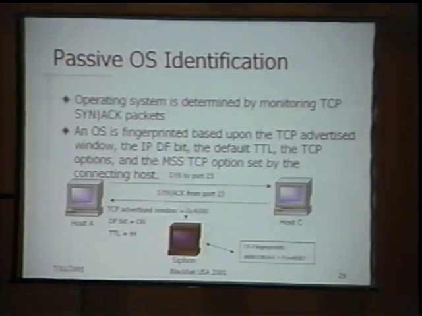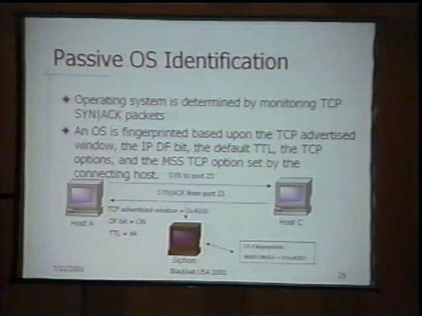And right here we have a diagram of a basic SYN-ACK connection here. And you see the Siphon machine at the bottom. And what's being sent to host C from host A, the connecting host, is a SYN request to open a connection on port 23. And then the SYN-ACK coming back with a source port of 23 saying, OK.